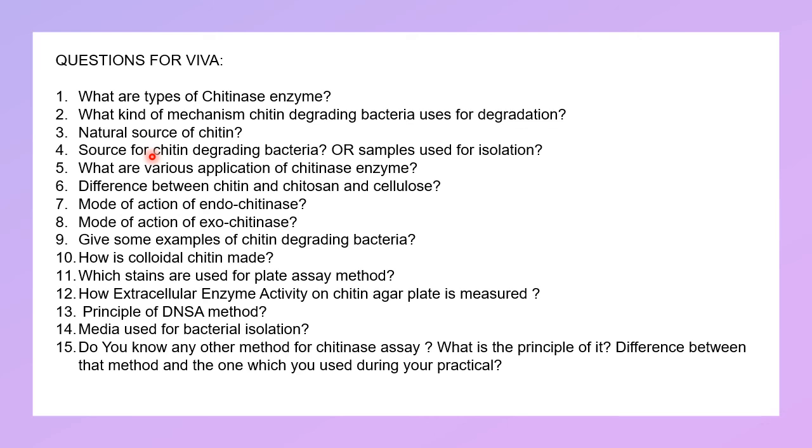This is how the examiner builds questions on your answer. If you say yes, you know another method for chitinase assay, then he will ask what the principle of it is, and what the difference is between that method and the one you used in your practical. That is how your Viva exam is, and how your examiner starts building up questions depending on your answers. So be clear about these concepts.